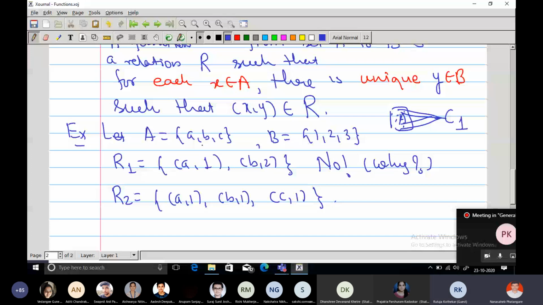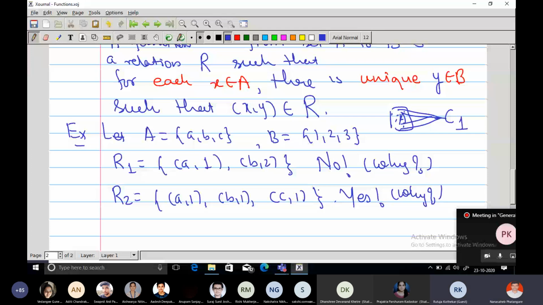Is a assigned with somebody else, another element? No, sir. a is assigned with a unique element, which is 1. b is assigned with a unique element, which is 1. c is assigned with a unique element, which is 1. So both of the conditions are satisfied. You understand? Right. So only think about these two words, each and unique.